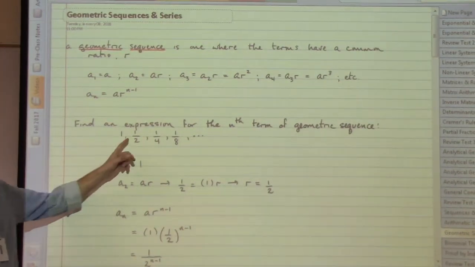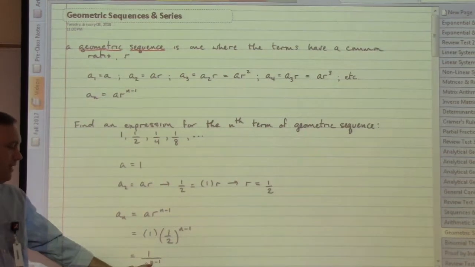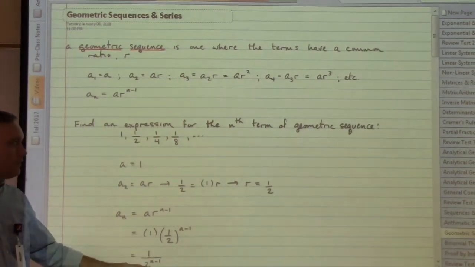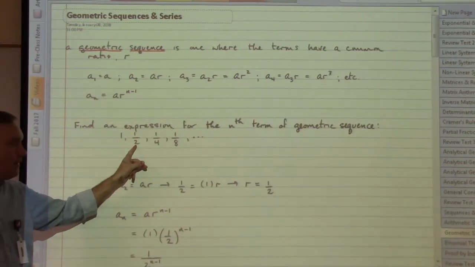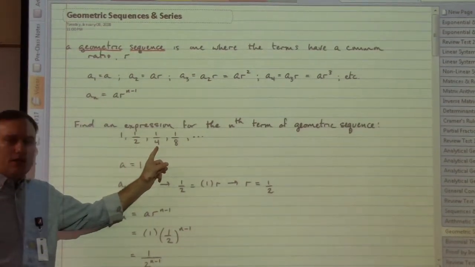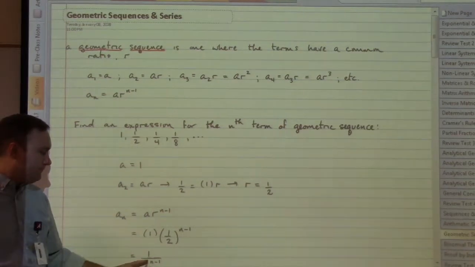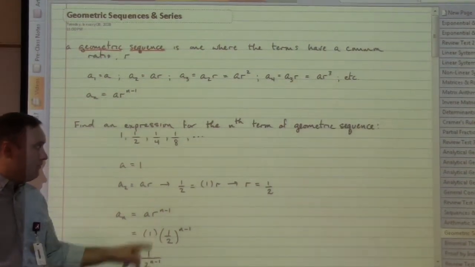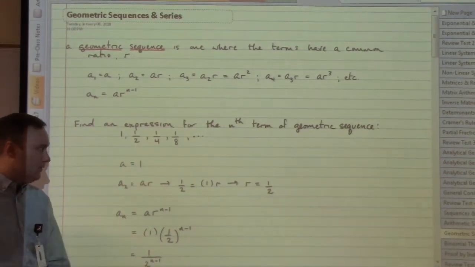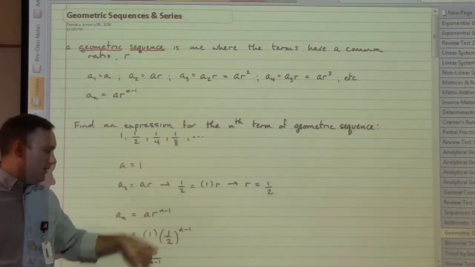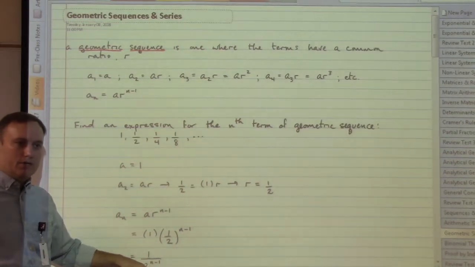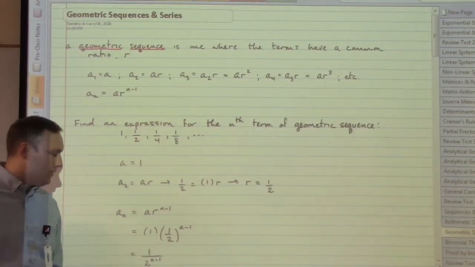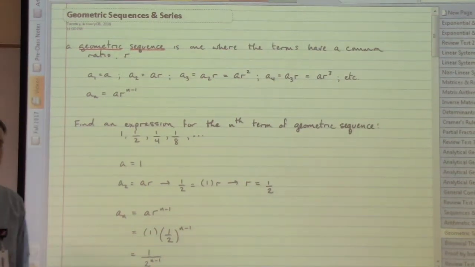So if n is equal to 2, 2 minus 1 is 1, 2 to the power 1 is 2, 1 over 2 is my term, check. If n is equal to 3, my third term, 3 minus 1 is 2, 2 squared is 4, 1 over 4, check. When n is equal to 4, 4 minus 1 is 3, 2 to the third power is 8, 1 over 8, check. And I could keep on going, but again, we verified that we've got the right thing.